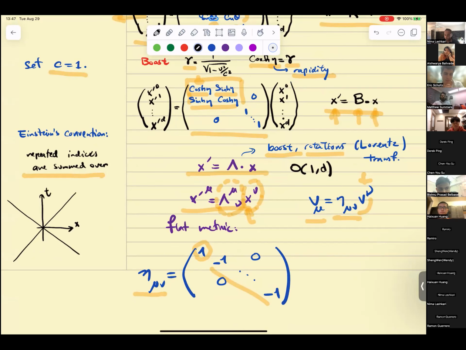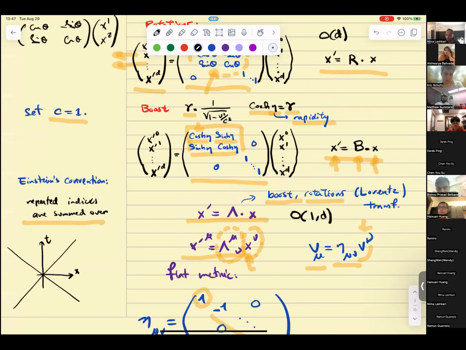And so of course your velocity. So when you do a boost, the only thing that matters is v squared here, right? So your gamma is going to be something positive, right? And then cosh of eta is going to be something negative.